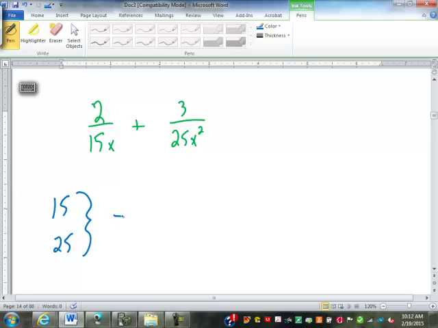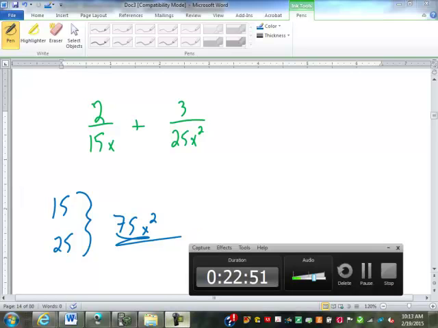With a little bit of work, you're going to find 75 is the common denominator, or common multiple, whatever. And it'll be x squared. Okay. So we found the common denominator right now. That is our first step.